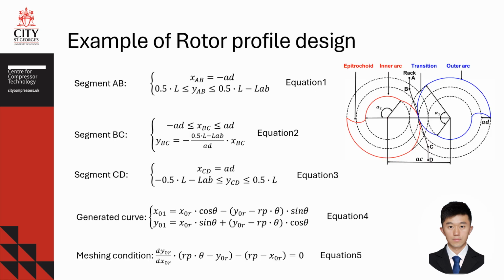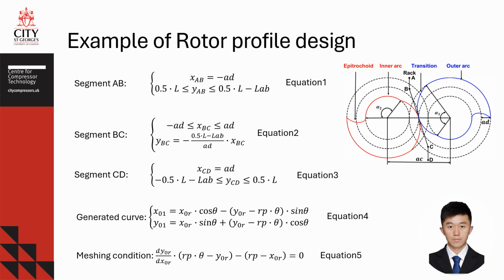This slide illustrates an example of rotor profile design using a rack generation procedure. A rack represents a rotor with an infinite radius. The meshing condition θ can be directly solved without requiring a numerical approach. The generating curves consist of three straight lines defined in the rack coordinate system.